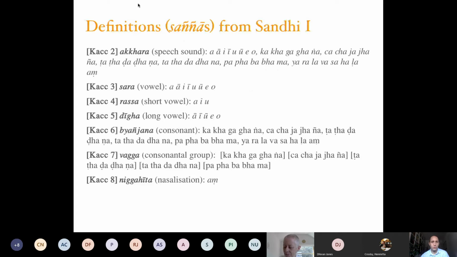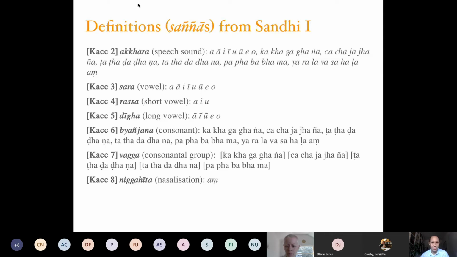If we want to summarize the first part of the Sandhi, that's the beginning of the Kaccāyana, we skip rule 1, which is very kind of introductory, and straight away in Kaccāyana 2, we have a definition of the term akkara. And the definition goes like this: akkara is what follows. So a, I, u, e, o, kaga, etc. So these are the akkaras.